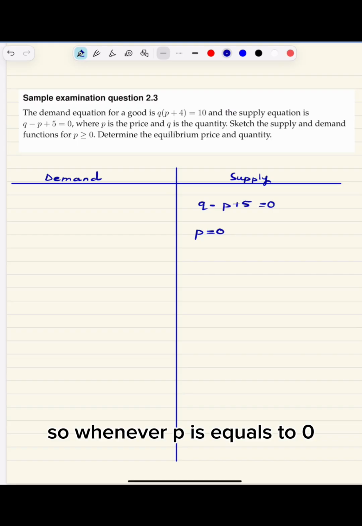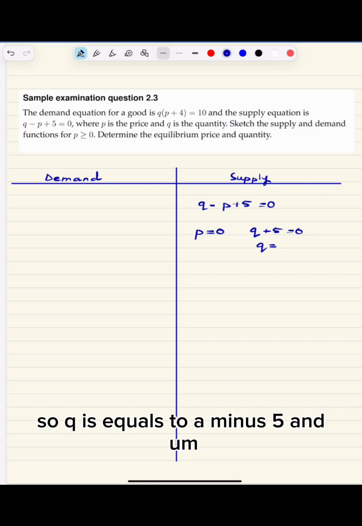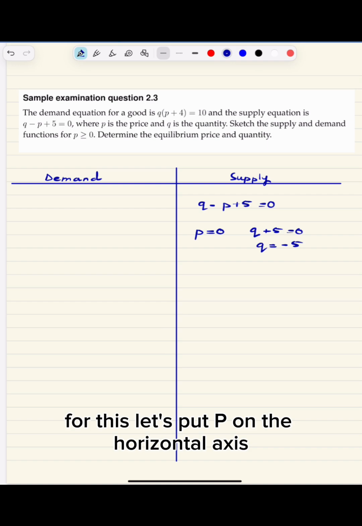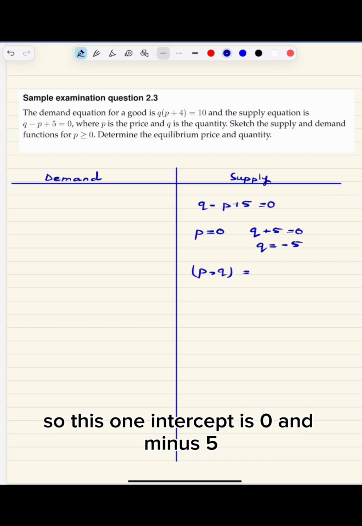So whenever p is equal to 0, q plus 5 is going to be equal to 0, so q is equal to minus 5. And for this, let's put p on the horizontal axis and q on the vertical axis. So this intercept is 0 and minus 5.